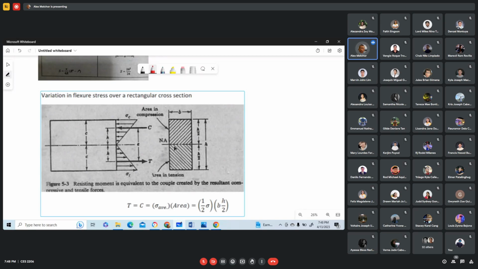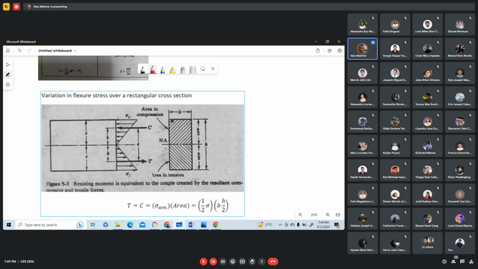And this part here is subjected to tension. So the fibers here are subjected to tension. So you see that this is the area in tension, and from the neutral axis above is the area in compression.